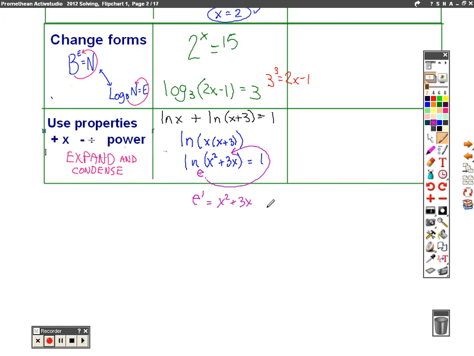And then we'd want to solve this using a quadratic method. In this case, I have no idea how to factor that because I'm not sure what times what gives me e that adds to 3. So I would want to use the quadratic formula and decide a is 1, b is 3, and c is negative e. This is like a challenge problem.